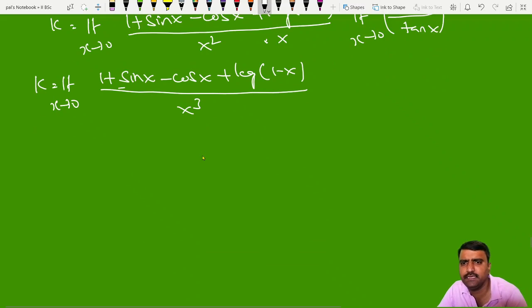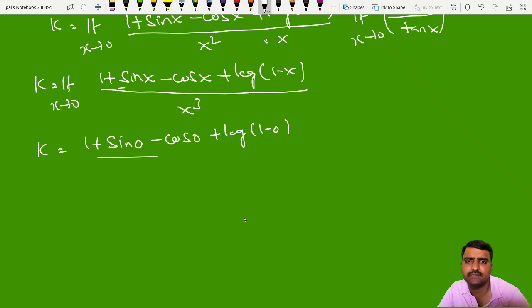Now you write k is equal to, so now you apply the limit. Then k is equal to (1 plus sin 0 minus cos 0 plus log of 1 minus 0) divided by x cubed, where x is 0.